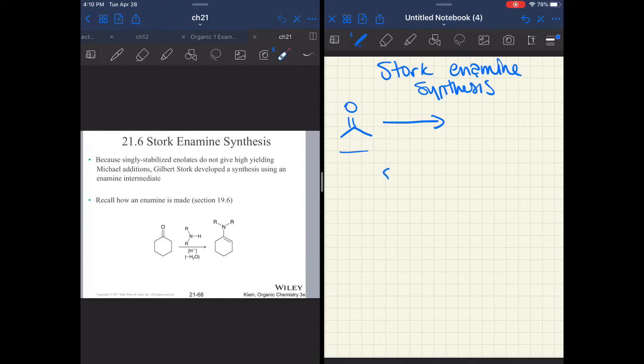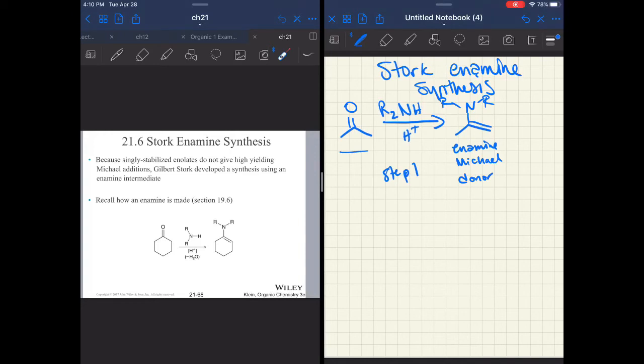So step 1, you're taking your secondary amine, a little bit of acid, and you are making that enamine that we saw in chapter 19. As it turns out, the Stork enamine is actually a good Michael donor.